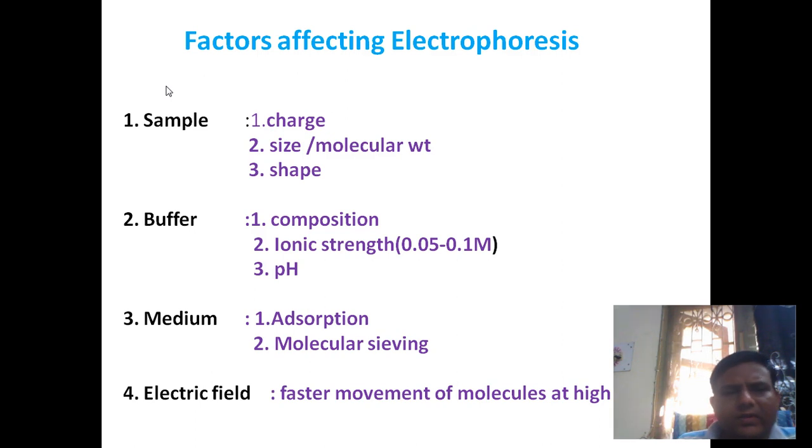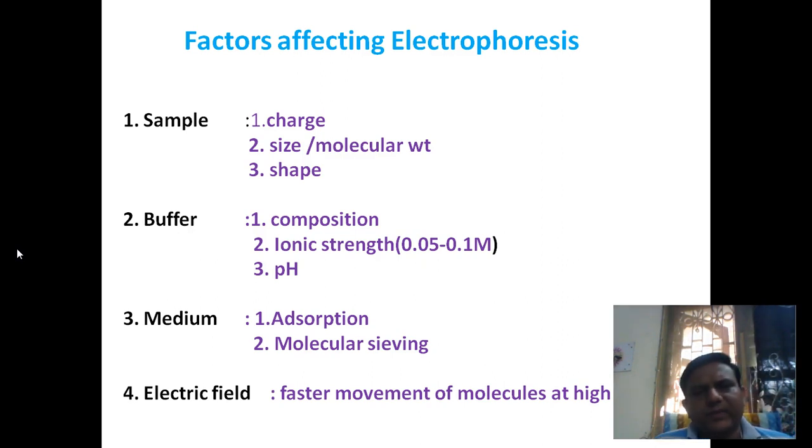So the different types of buffer contain different molecules, which means that depending upon the composition of the buffer we utilize in electrophoresis, it will affect the electrophoretic mobility, because the ionic strength depends upon the composition of that buffer. And if the ionic strength is high, then what happens?